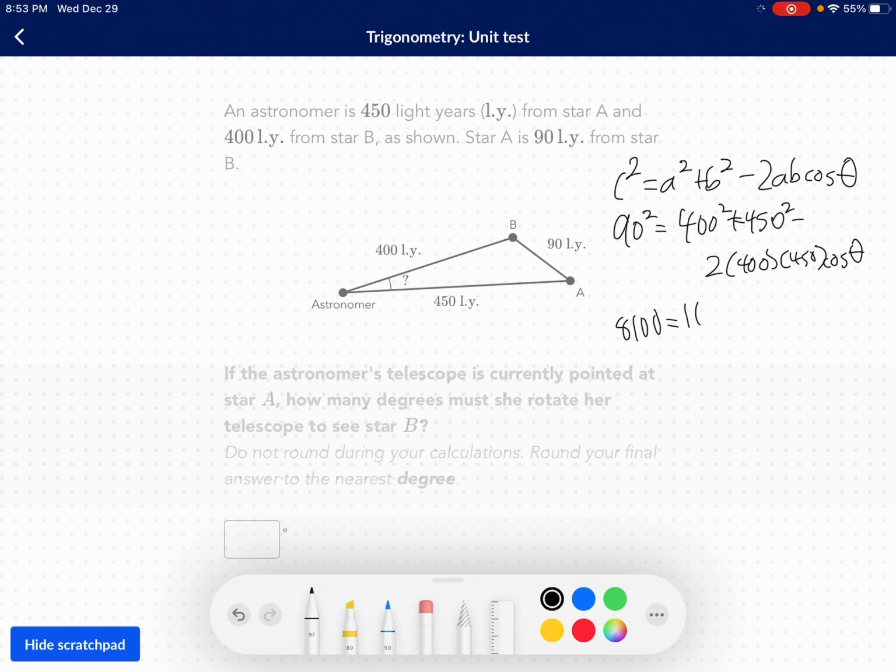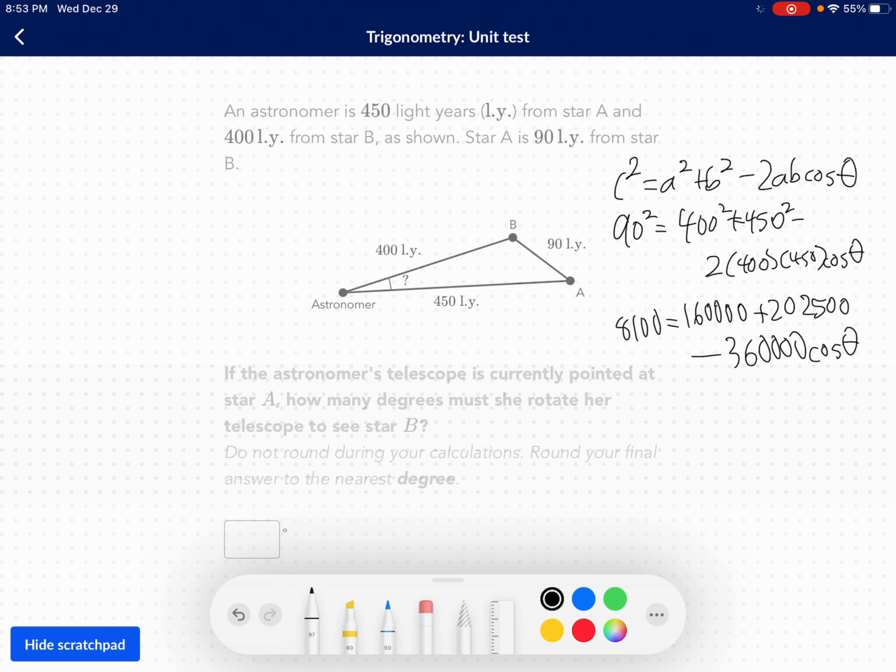90 squared is 8,100. 400 squared is 160,000, plus 450 squared, 202,500, minus 2 times 400 times 450, which is 360,000 cosine of theta.